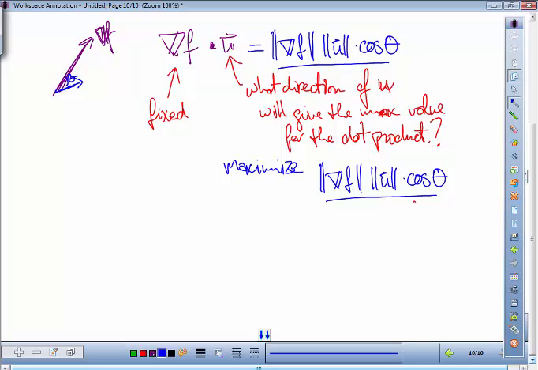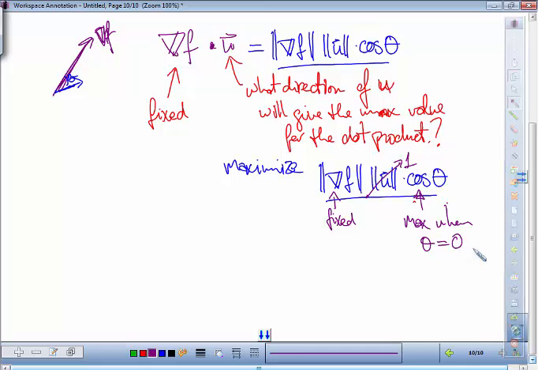What is the magnitude of u? 1. This is a unit vector. And this is fixed. And so now maximize cosine of theta. When is cosine of theta going to be a maximum? When cosine of theta is equal to 1, and cosine theta is equal to 1 when theta is equal to 0.